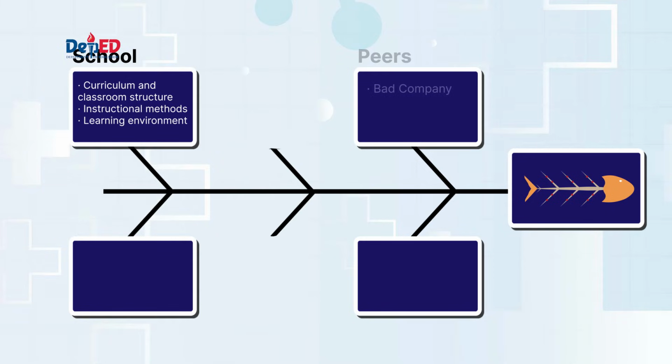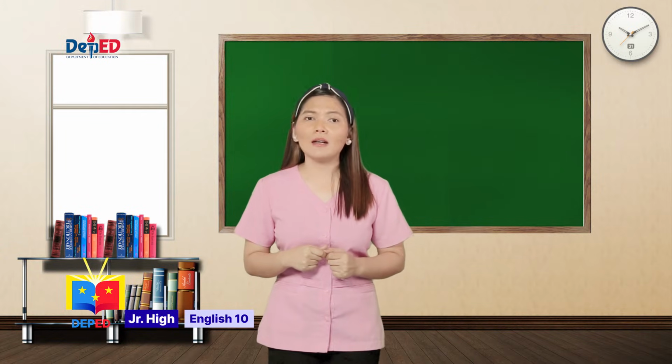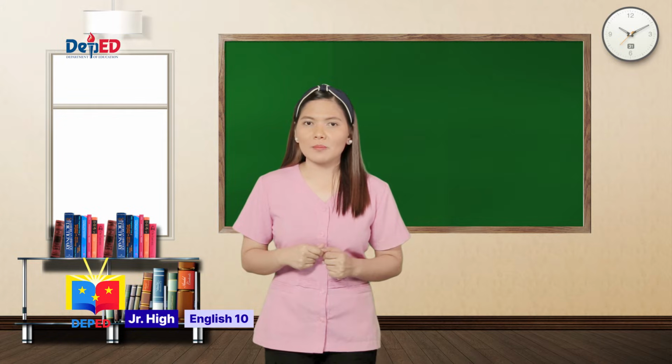For peers, it could be bad company, if you associate yourself with other students who have the opposite mindset as yours and practice bad habits. And bullying. So that's bad company and bullying for the peer category.